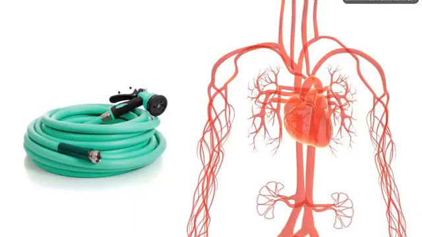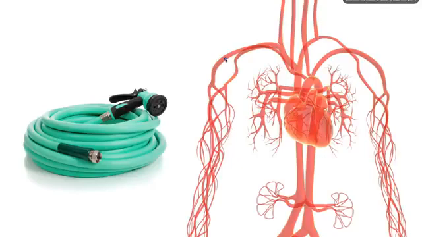Just like there were factors that influence the flow of water through this hose, there are also factors that influence the flow of blood through these blood vessels. If the blood vessels get narrower, there's going to be more resistance. If it's wider, there's going to be less resistance. And this is something that the body uses.